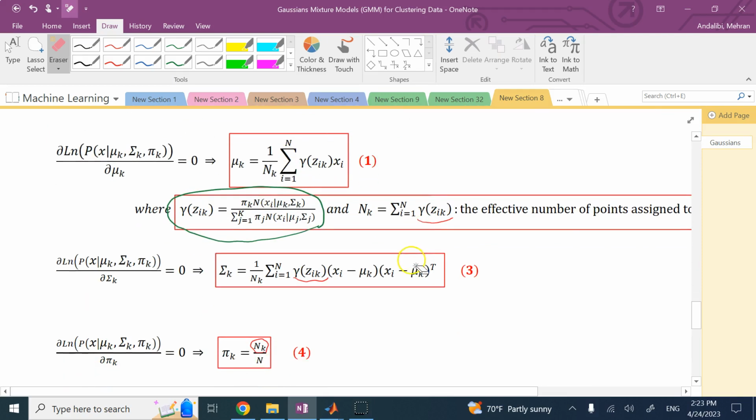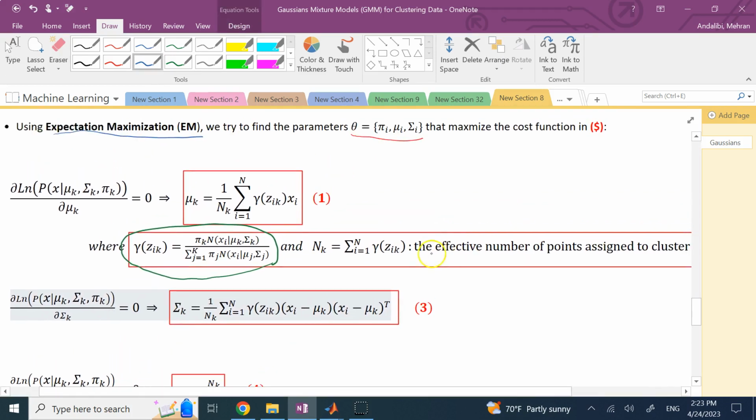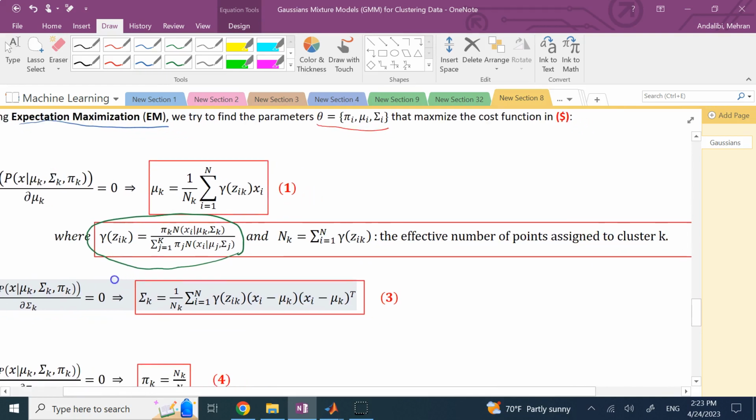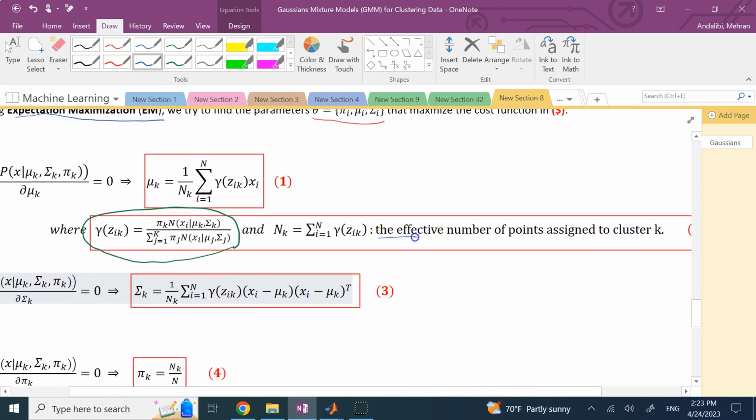Now, the next thing that I need to explain in these update equations is this term N_k, which is the summation over i from 1 to n, summation over all of the observations of gamma z_ik. So basically, what is this here? This is the effective number of points assigned to cluster what?